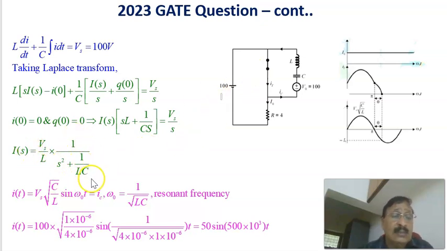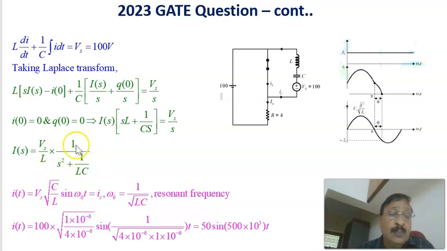If you look into this, we define 1 by root of LC as the resonant frequency omega naught, so 1 by LC equals omega naught squared. Therefore, here we have 1 by (S squared plus omega naught squared). Now we multiply the numerator and denominator by omega naught, which is 1 by root of LC.